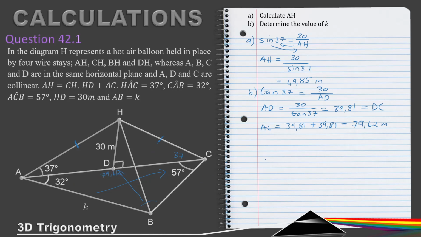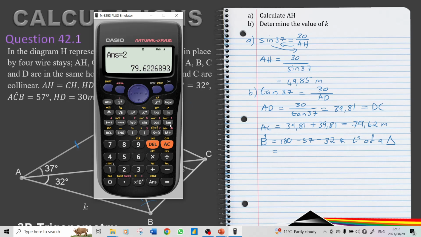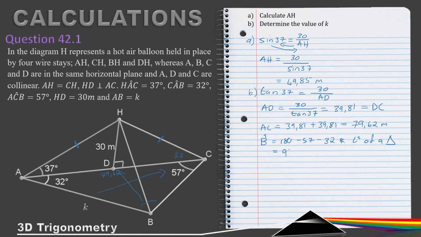We can also find angle B. So B will be 180 minus the 57 minus 32. Okay, and yeah, we can actually just give it a reason, angles of triangle, and then 180 minus 57 minus 32. Okay, that gives us 91. So it's very close to a right angle, but it isn't. So we're going to use the sine rule.